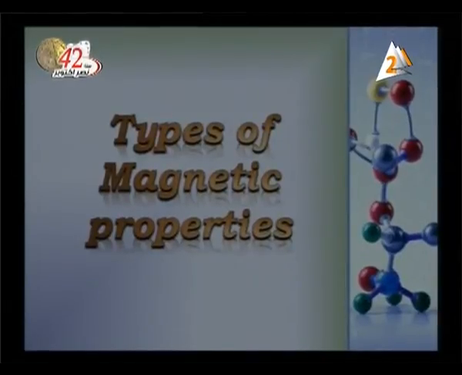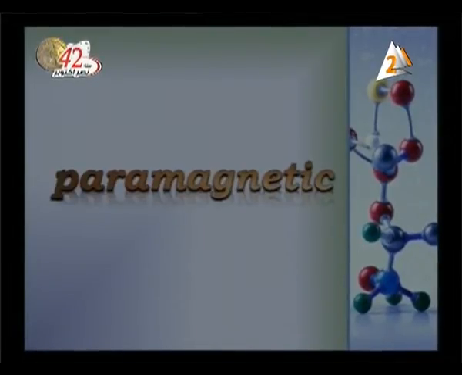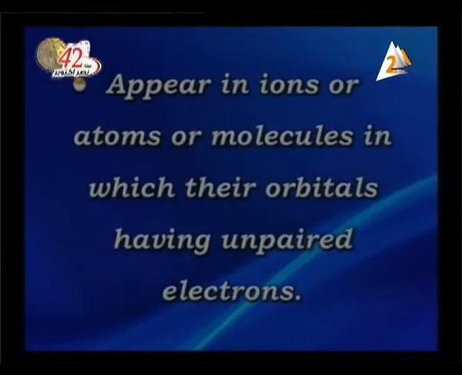Now, my dear students, we are going to discuss the types of magnetic properties. The first property is the paramagnetic property. This property appears in ions or atoms or molecules in which their orbitals have unpaired electrons.